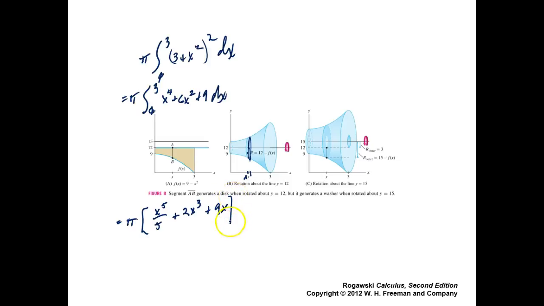Evaluated from 0 to 3. Okay, now the calculus was easy. The math is hard. I mean, it's definitely messy. Okay, 3 to the 5th.